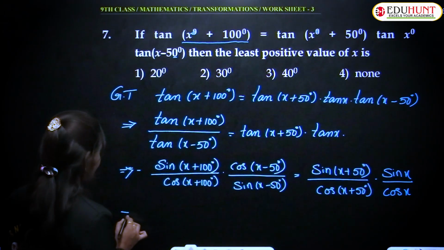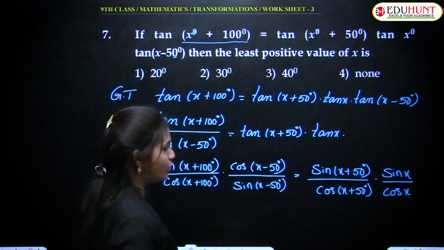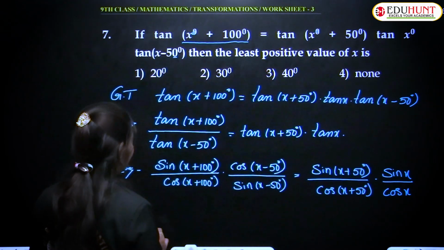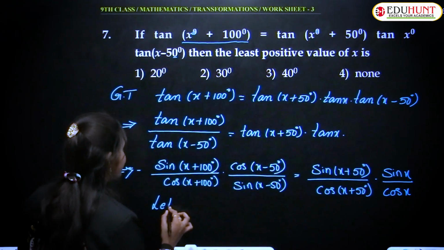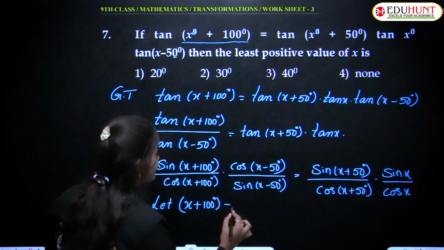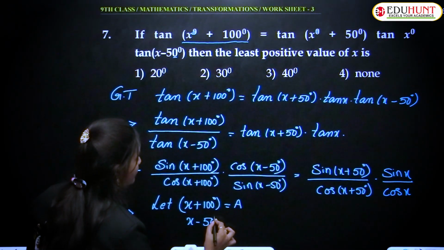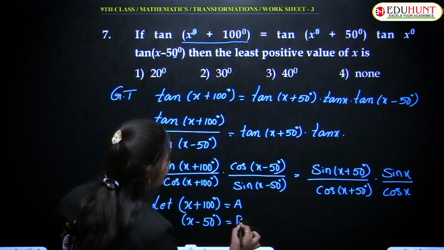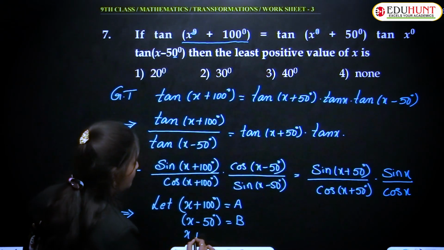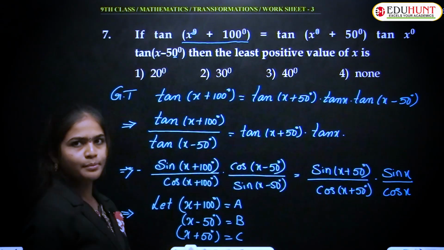As it is, I have written that in terms of sin and cos only. Okay, so from this, here x plus 100, x minus 50, x plus 50, different angles there, no. So let x plus 100 degrees be some A, x minus 50 degrees be some B, and x plus 50 degrees be some C. So A, B, C. Why?